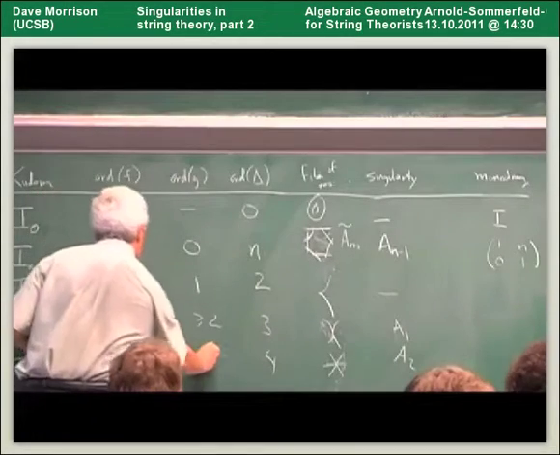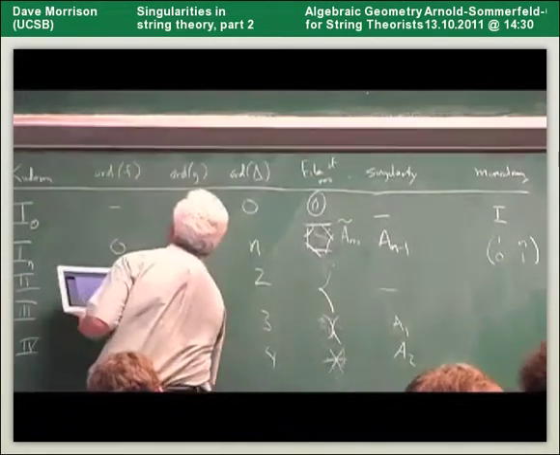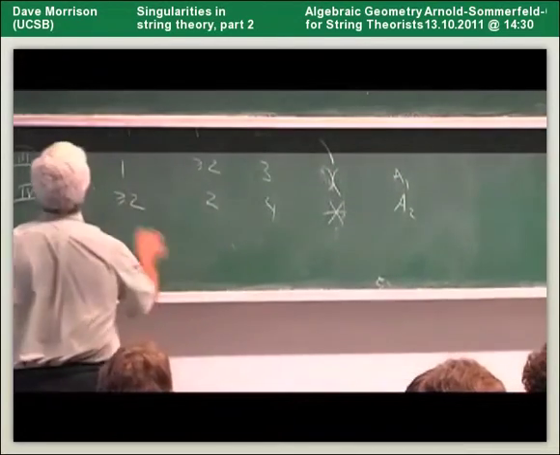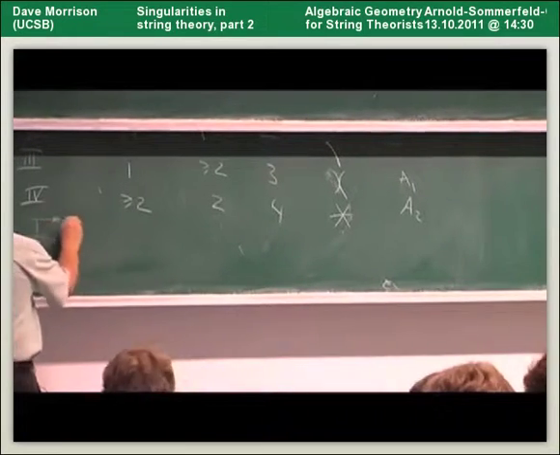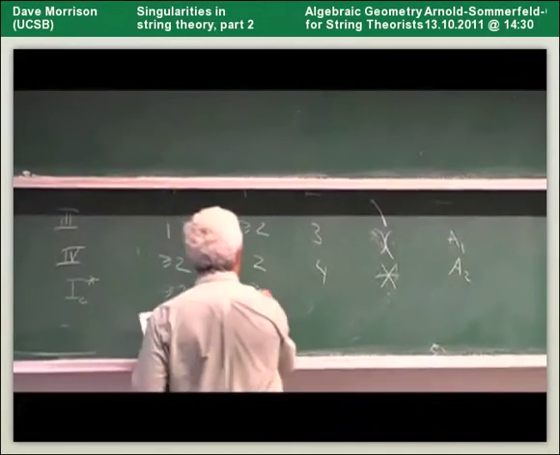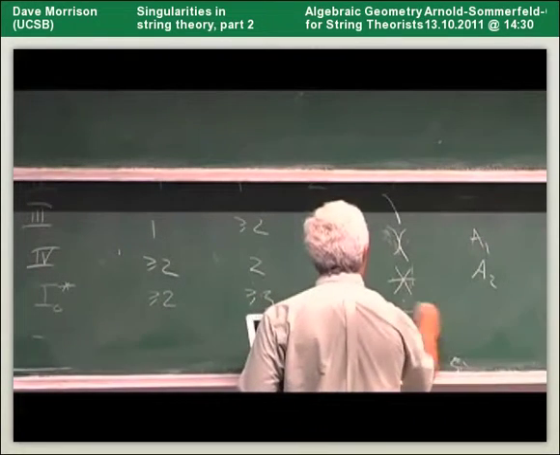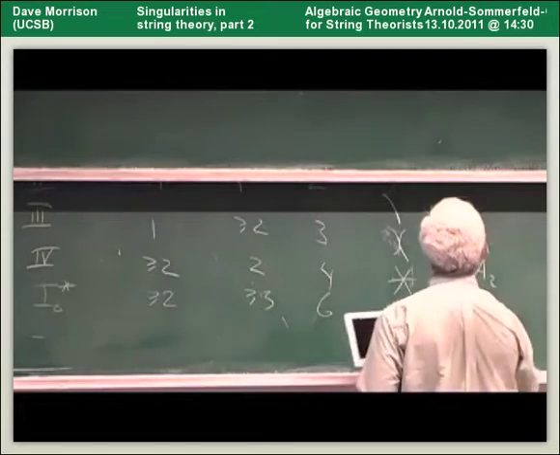And this should be 2 and at least 2. Sorry, I'll uncover the rest in a second. So here I have I0 star, where this is at least 2, at least 3, 6. And I end up with a D4 tilde and a D4 singularity.